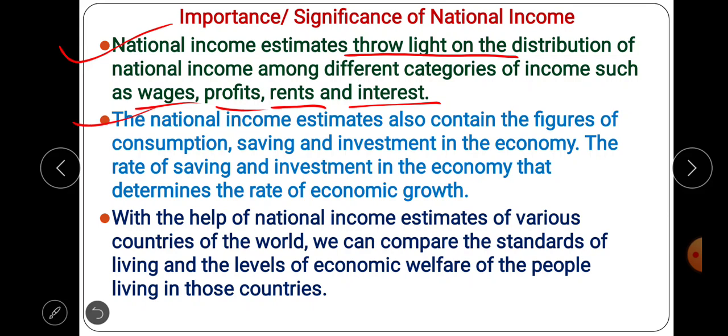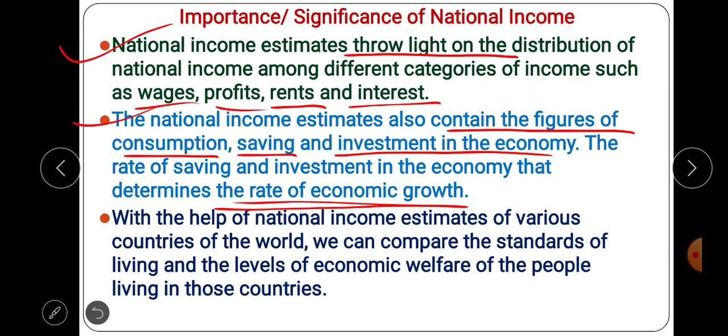Okay. Then the national income estimates also contain the figures of consumption, saving, investment in the economy. Okay. Through which we can get the idea of the rate of saving, rate of investment in the economy that determines the rate of economic growth. Okay.